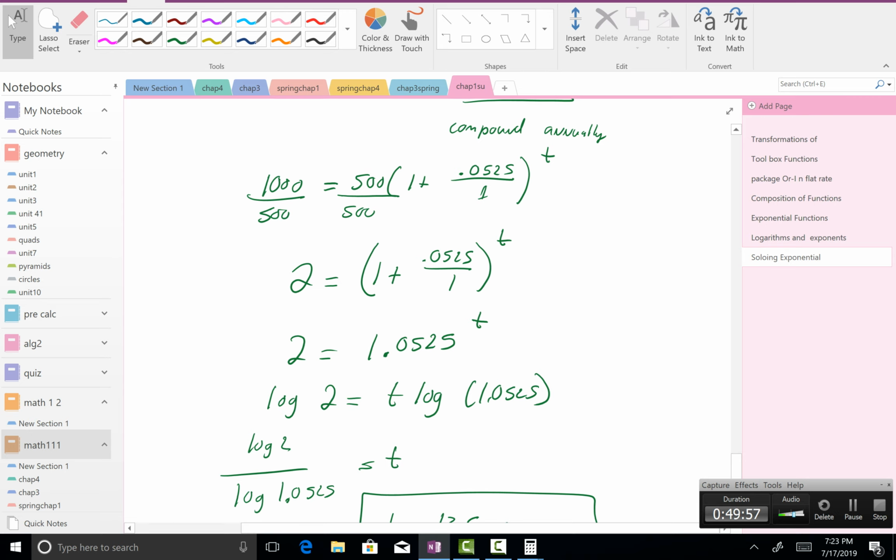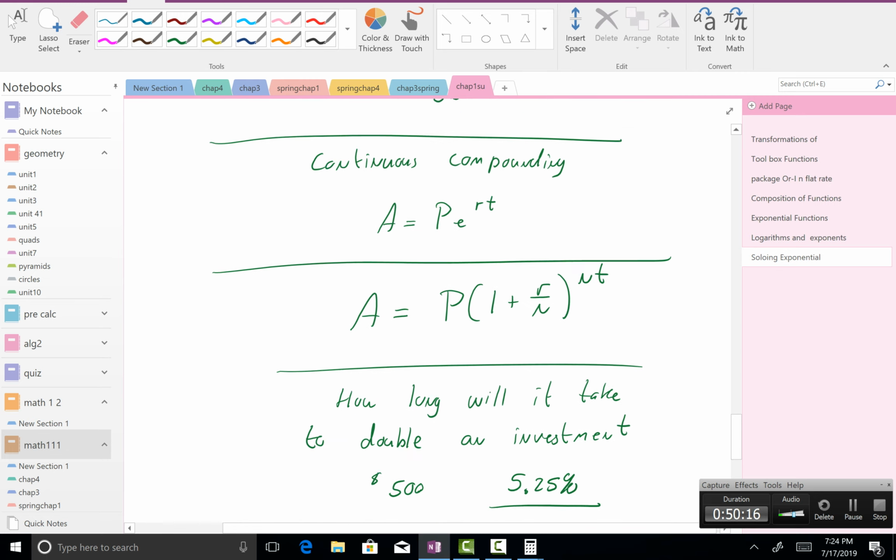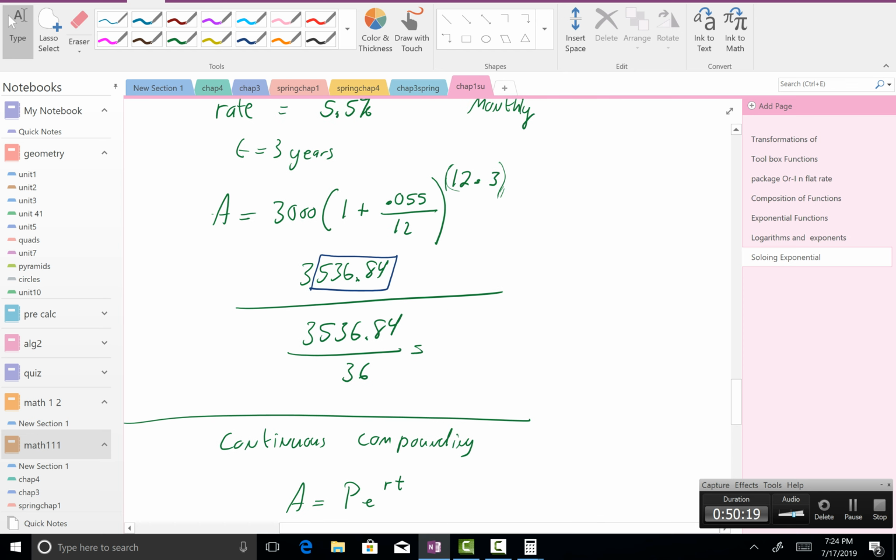I think the ones that kind of messed people up a little bit was just figuring out what the interest was on them. So as long as you remember that, up here, when you get this A value, that's how much the total loan is, and the 536.84 is actually your interest, and you're okay.